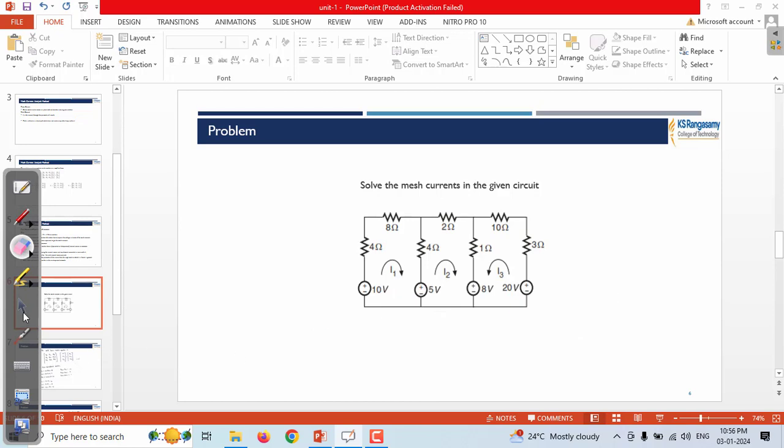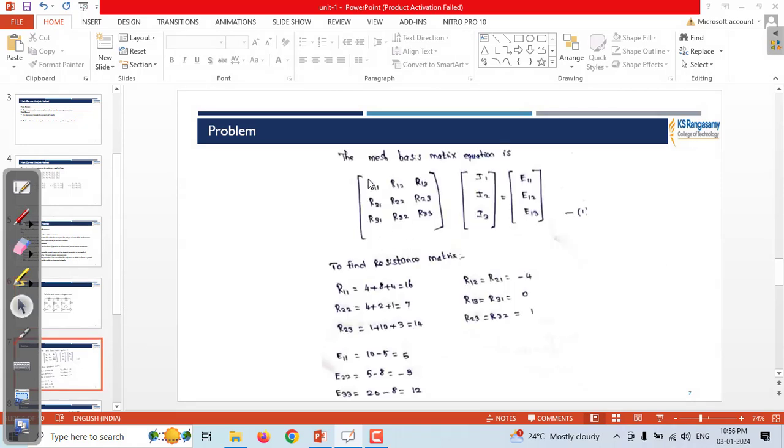Step 1, we have to write the mesh matrix equation, that is V equal to I into R. This is V, I, and this is R. This matrix formation depends upon the number of meshes or loops.